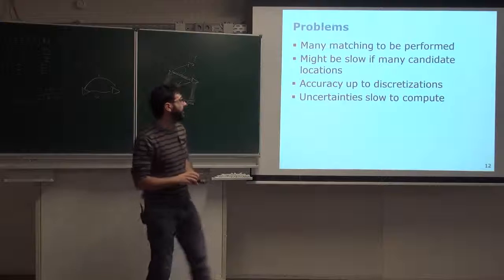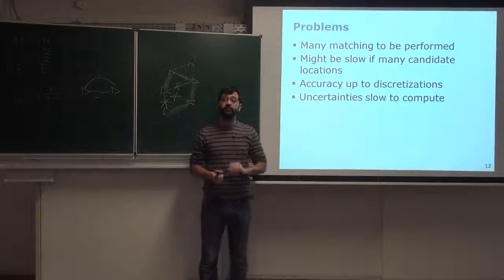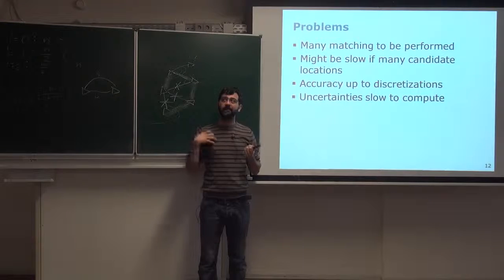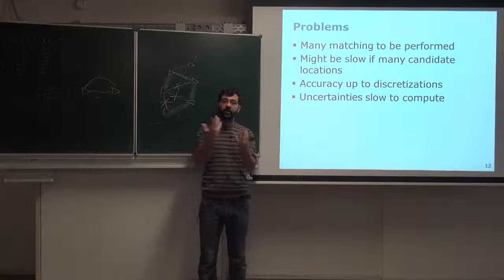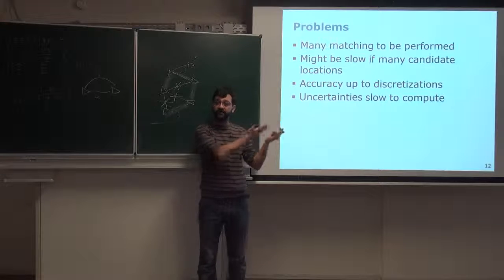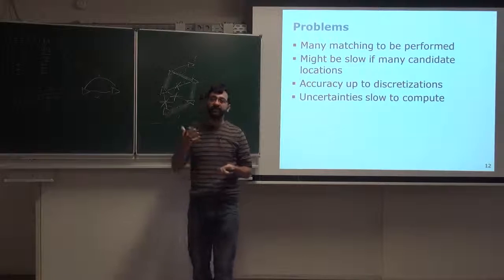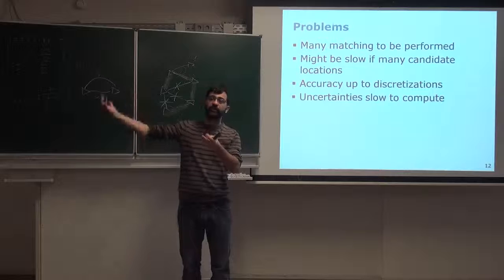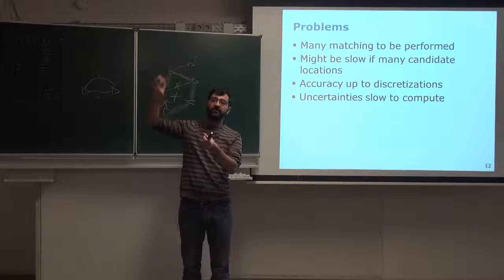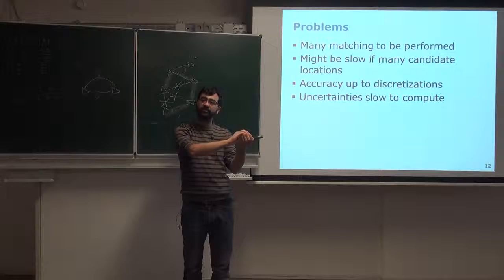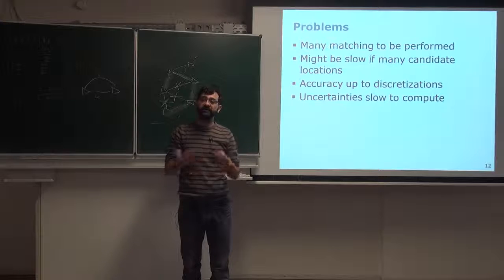Okay, and the uncertainties are also slow to compute because there is no clear, explicit cost formulation, so you cannot compute gradients of this approach, or at least you cannot compute analytically any gradient of this approach, so you cannot propagate uncertainty from the sensor uncertainty to the estimation uncertainty. So you need to do it from the definition point of view.